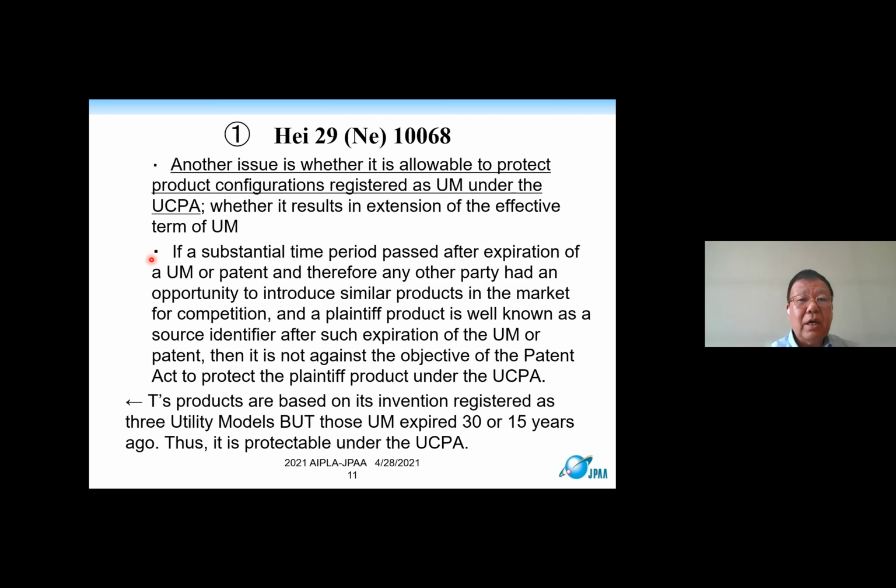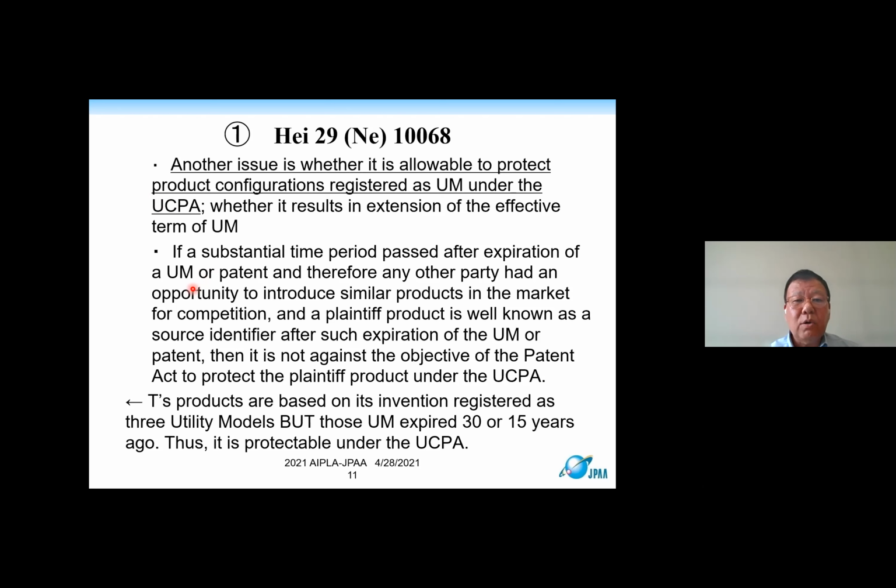Another issue is whether it is allowable to protect product configurations registered as a utility model under the UCPA. In other words, whether it results in the extension of the effective term of the utility model.